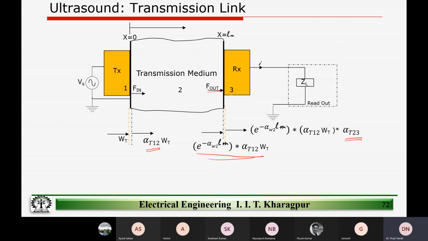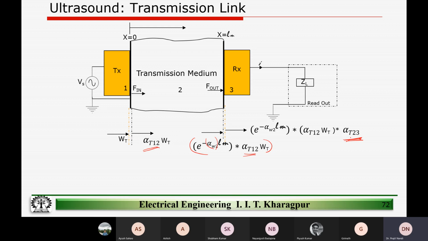Some of it will be reflected back and some of it will be transmitted. And what will be transmitted is this power multiplied by alpha T23. So this is the final power that the receiver is receiving after all these losses, given by alpha T12, then the decay given by alpha W2, and finally alpha T23. So this is the overall expression.